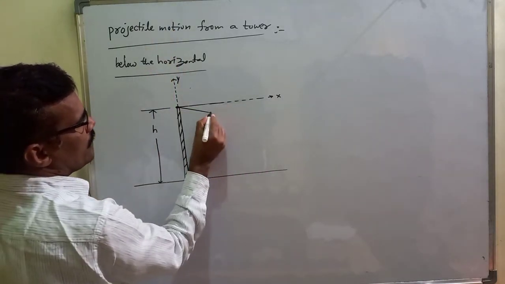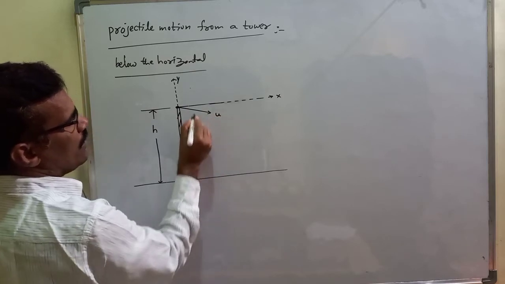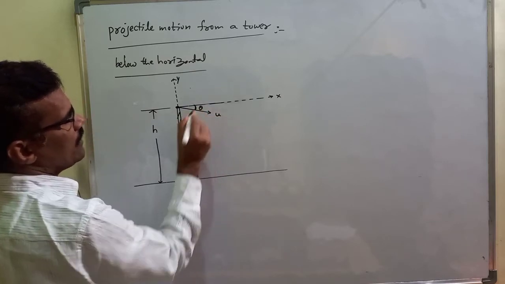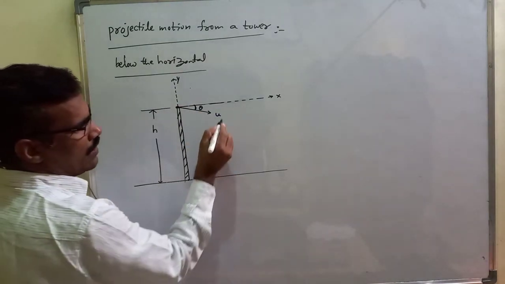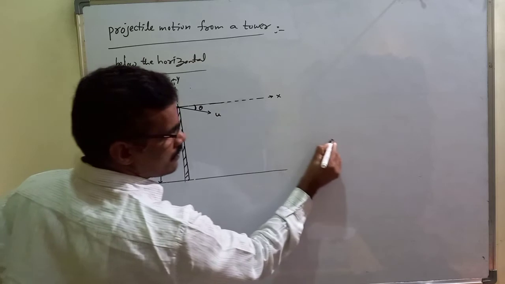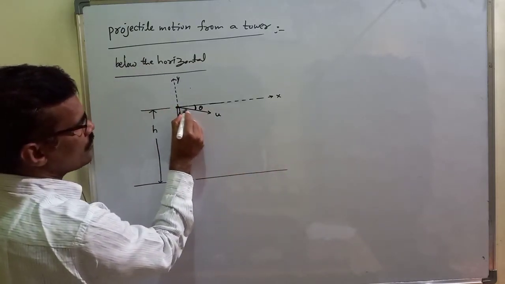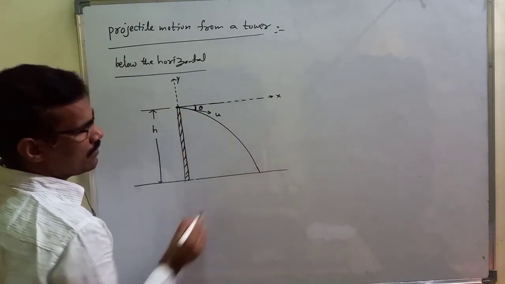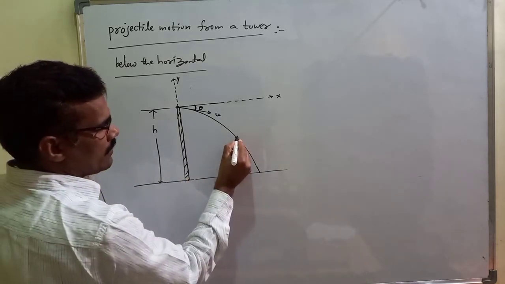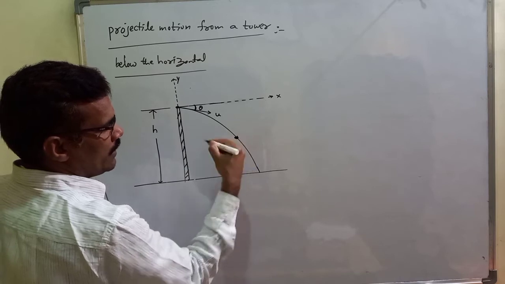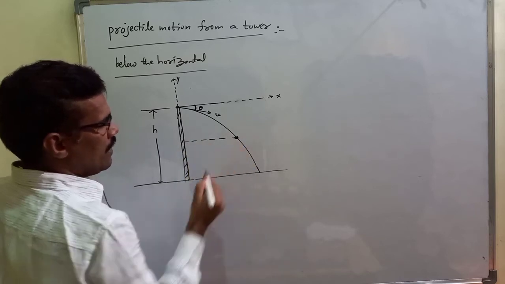If it is projected with the initial velocity u, making an angle theta with the horizontal, thrown like this, does it continue like this? No sir, it bends towards the right. This is the path. So it reached this point after some time t.